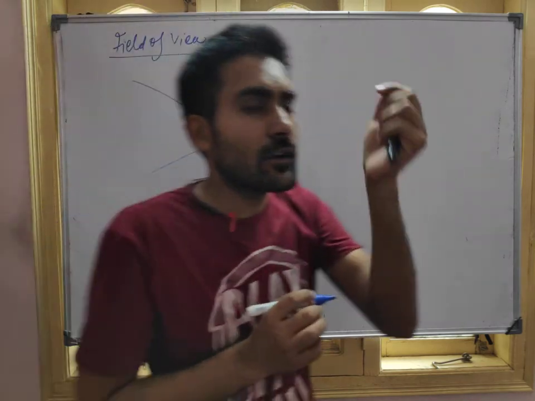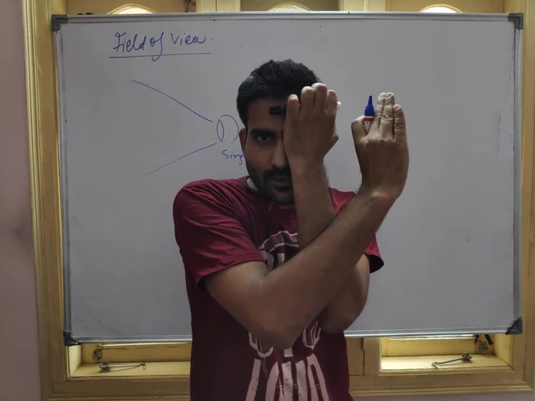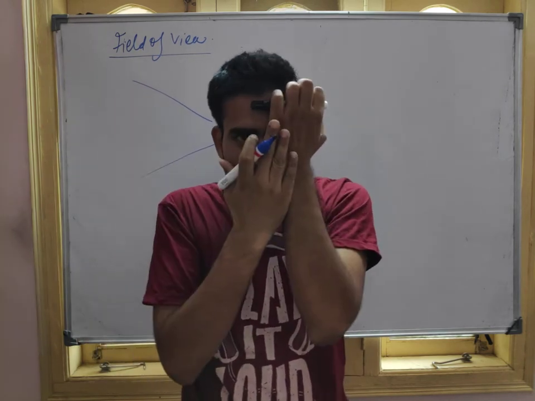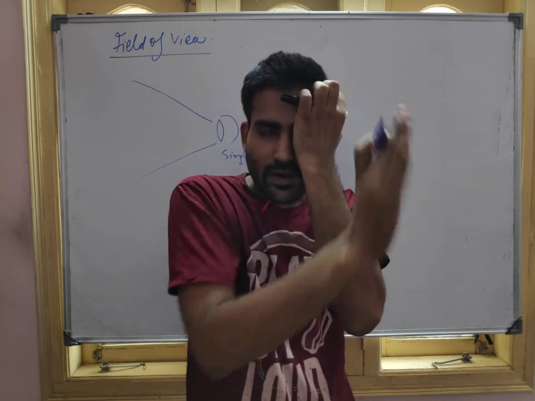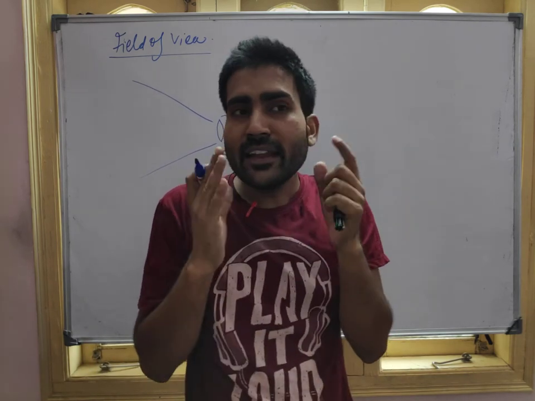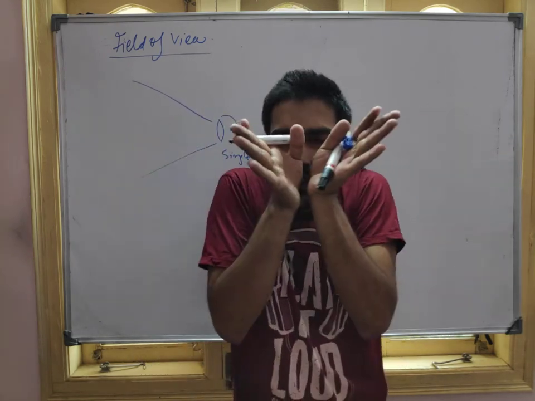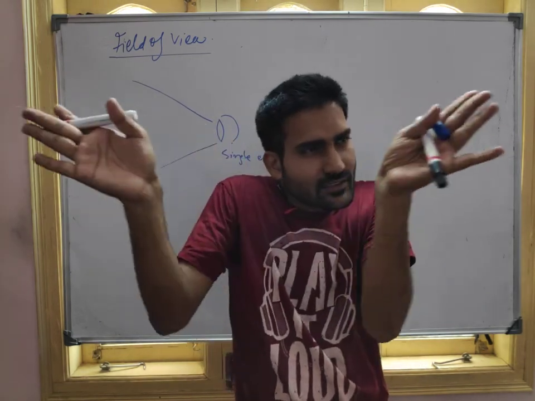Whenever I close one eye, some part will be invisible, and the other part will be working normally. As I close this eye, I cannot see some part on this side. Why is it so? Because by combining two eyes, we can see more. But with a single eye, we can see very little.